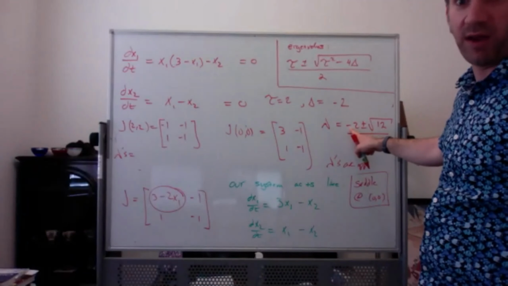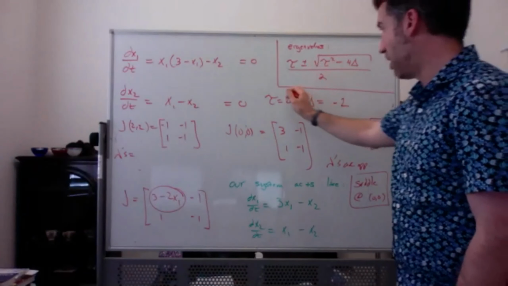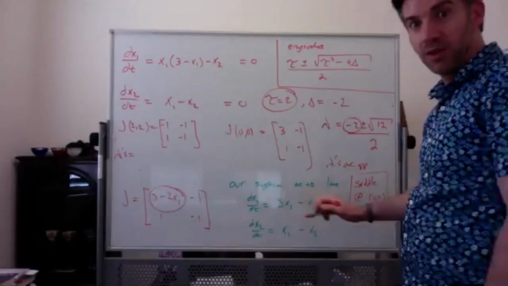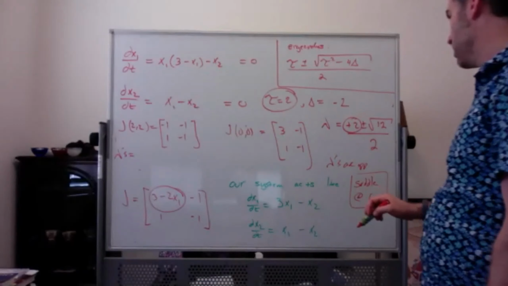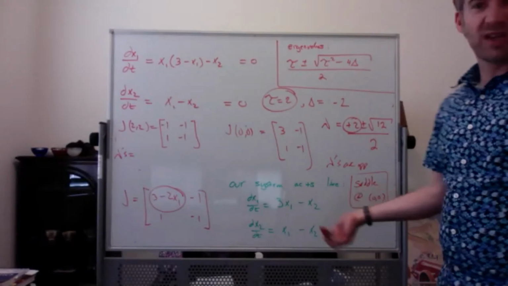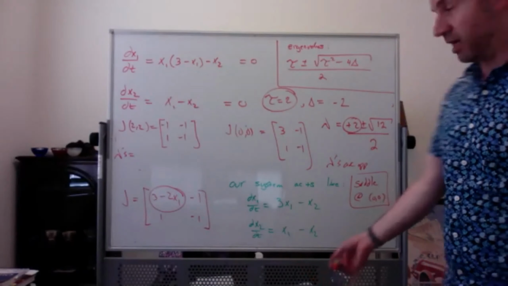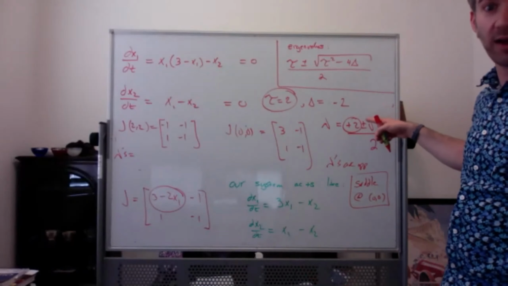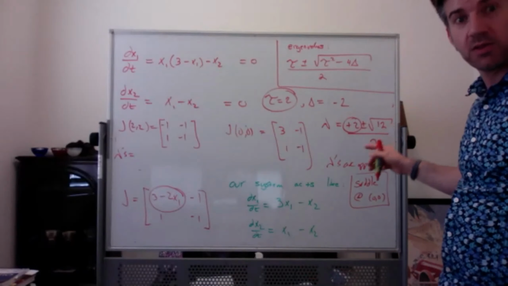It's not supposed to be negative tau. It's just supposed to be tau, right? My tau was positive 2, but I mixed up and put a negative 2 there. So that should be a positive 2, which still gives us the same result, actually, because we still get a positive eigenvalue 2 plus root 12 and a negative eigenvalue 2 minus root 12. So not too terrible a mistake.